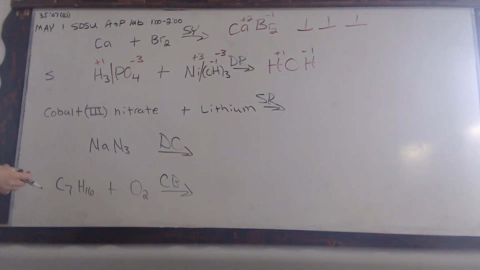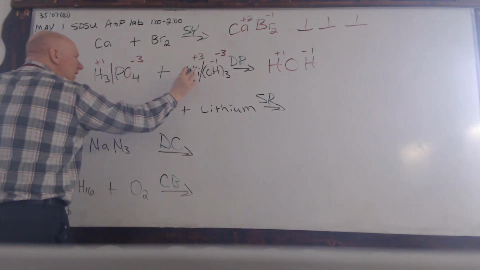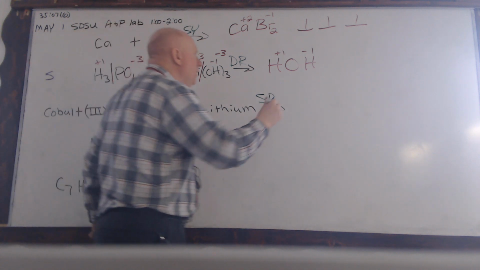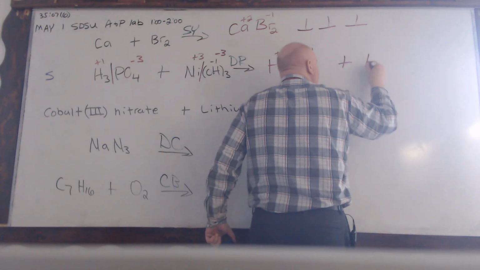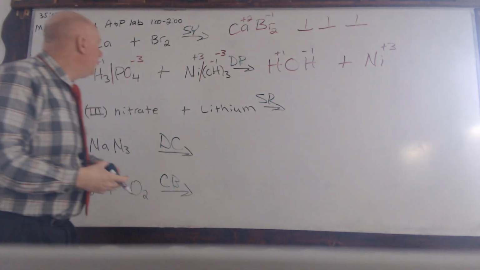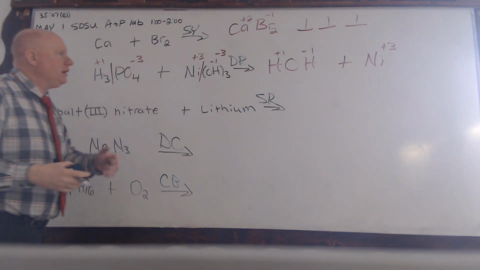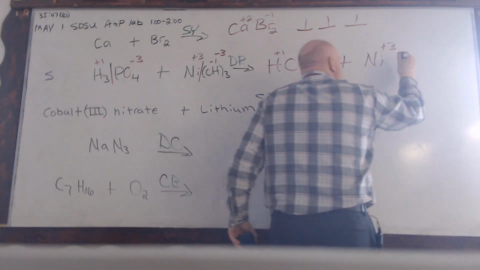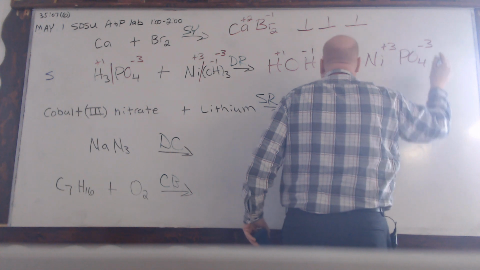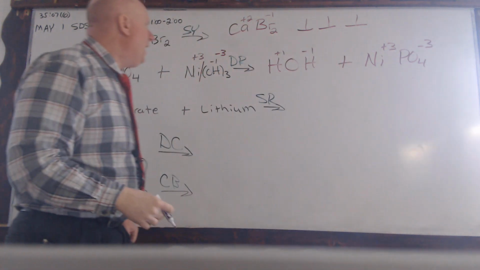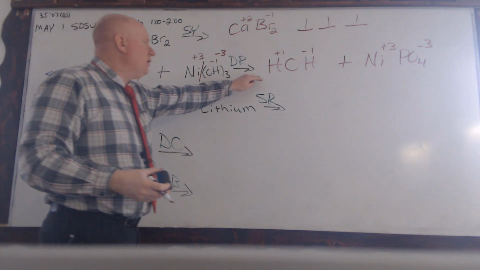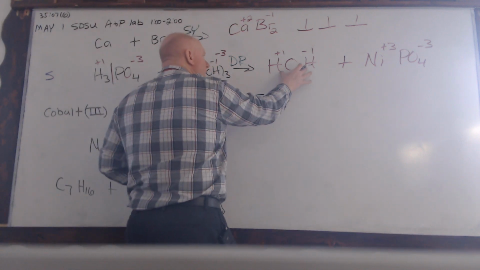So what do we have left over? The positive ion for nickel, which is +3, because remember, charges do not change. And then we've got the negative ion of phosphate, so that is PO4, which again has a -3 charge. So notice, if you decide to write this as water, H2O, we've got 2 hydrogens.